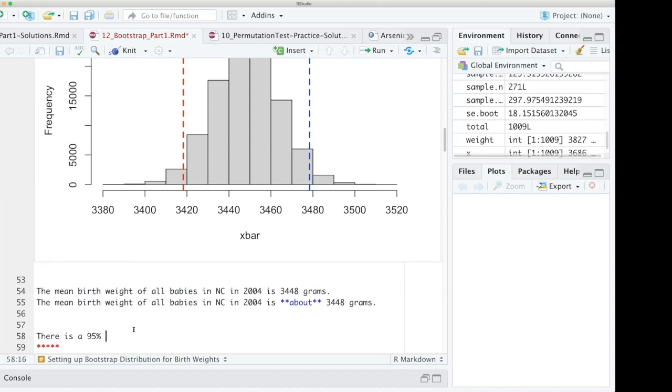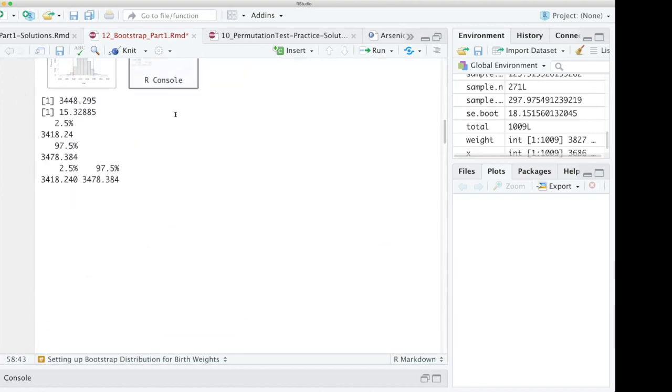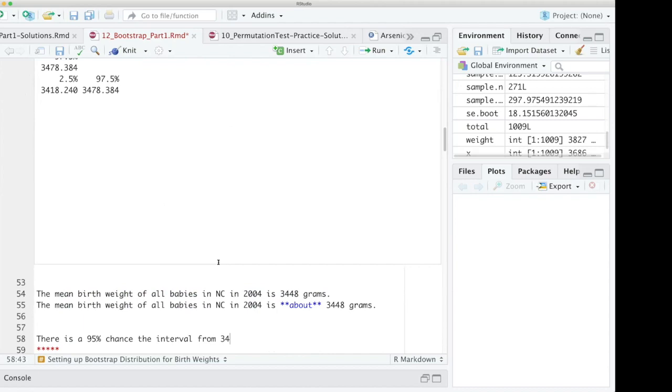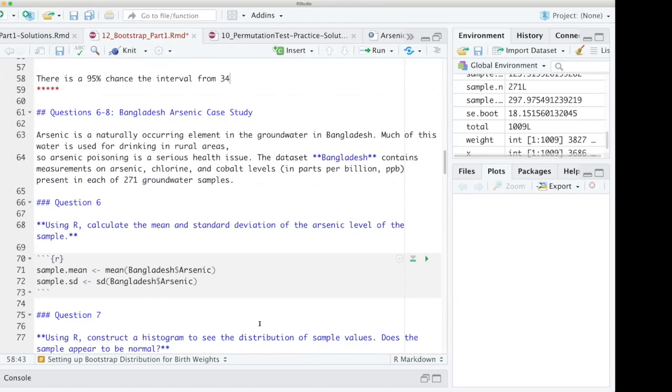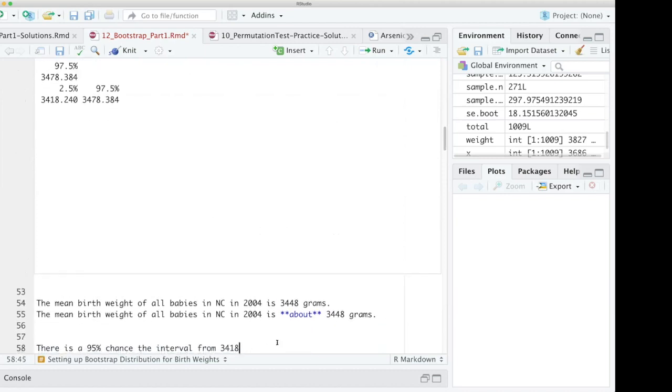So we can say there's a 95% chance the interval from, I'm just going to round this off, 3,418 grams to 3,478 grams contains the actual mean value.